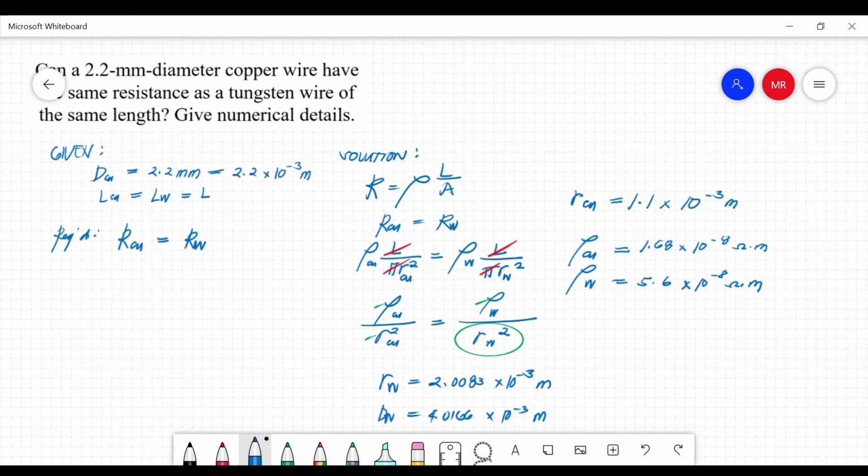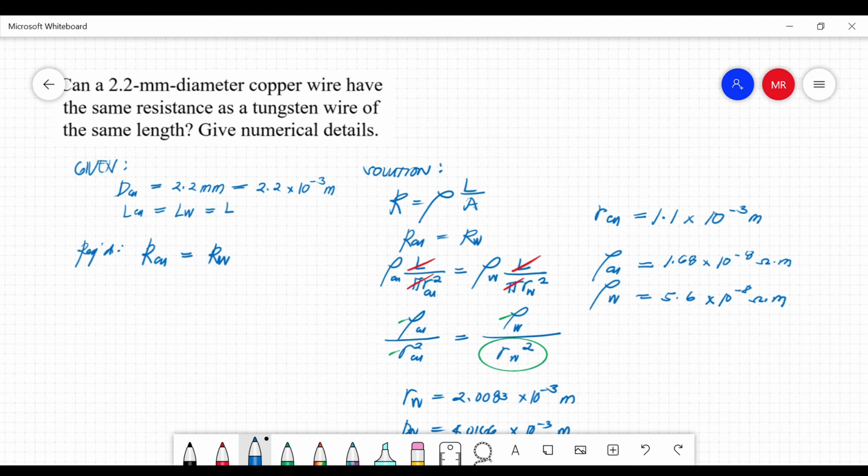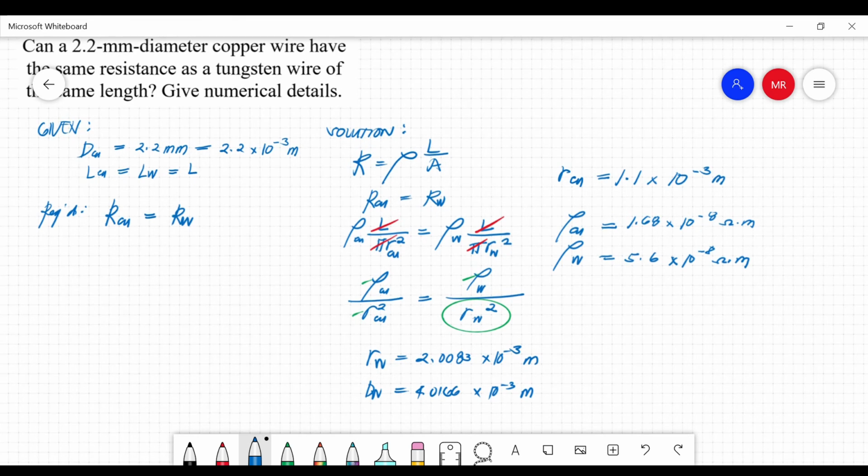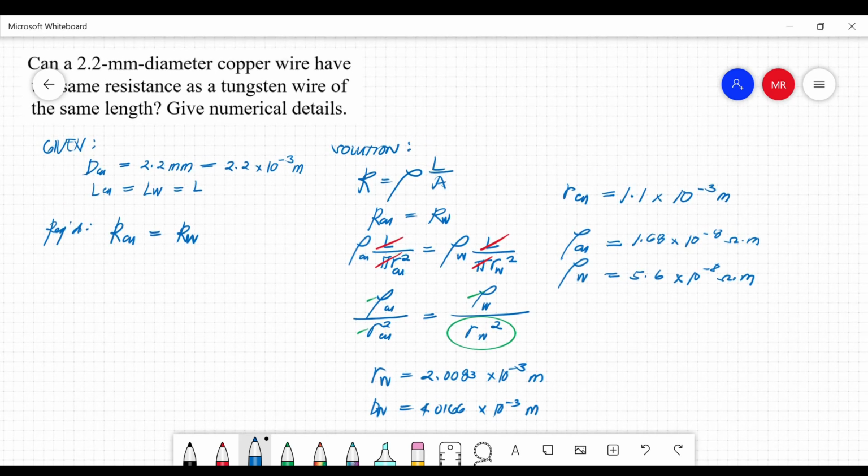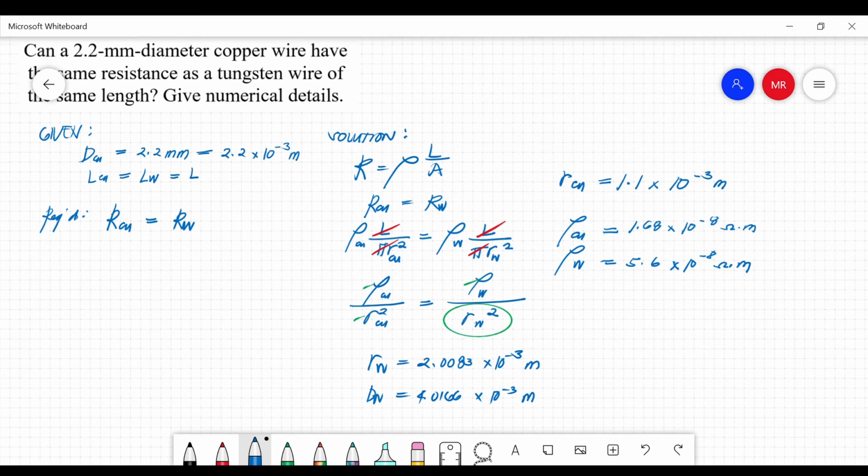So is it possible for a 2.2 millimeter diameter copper wire to have the same resistance as a tungsten wire of the same length? Of course, the answer is yes, it is possible, but with a given condition.